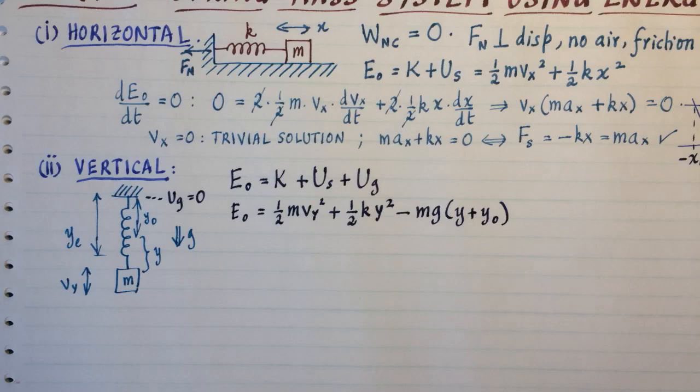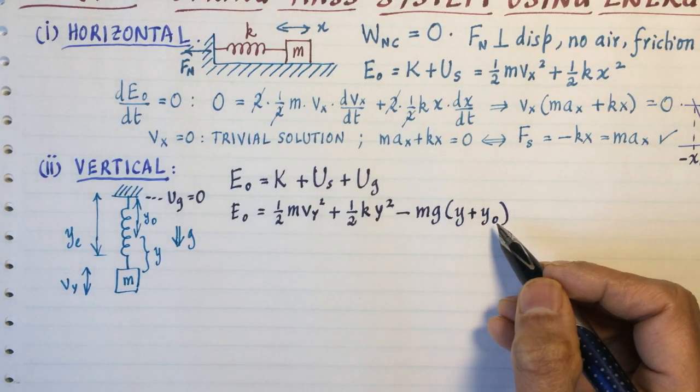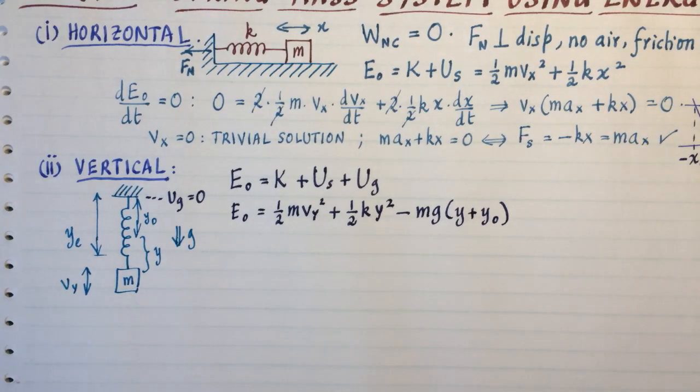Okay, so that's what we have. Observe that mg y naught is just a constant, so it really doesn't affect anything in this motion, but we can see that readily enough by simply differentiating both sides.